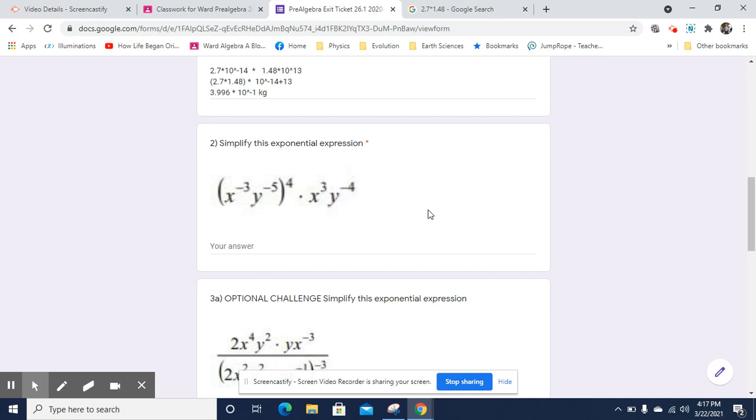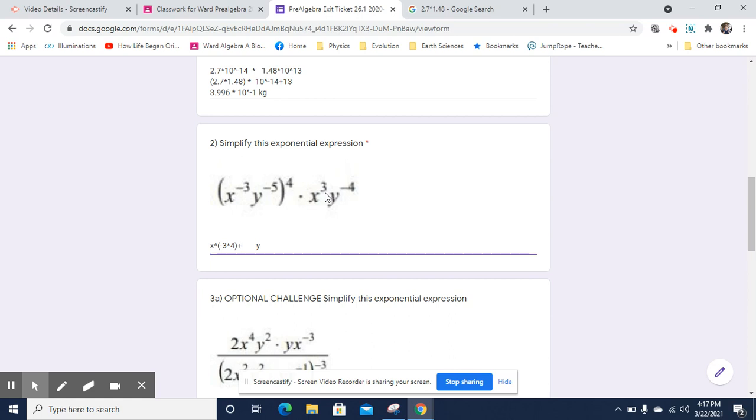Now, let's simplify this expression. I've got x's and I've got y's. So let's deal with the x's over here, and we'll deal with the y's over there. So x here, I've got an x to the negative third to the fourth, so that's going to be to the negative third times 4. And then over here, times x to the third.